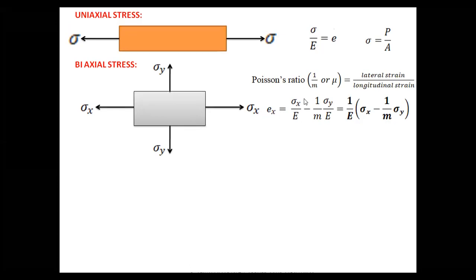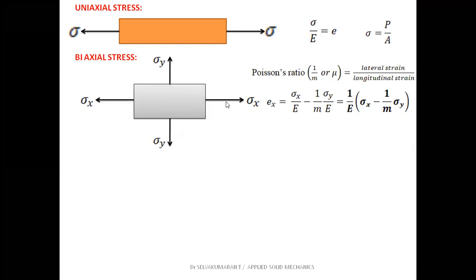Now, when you are considering only sigma x, this side becomes the lateral strain when you are writing the strain expression in x direction. When I consider only the sigma x, this side is getting decreased or compressed, we can say. That's why we are introducing this minus sign. So this becomes 1 by m into longitudinal strain, the lateral strain for x direction.